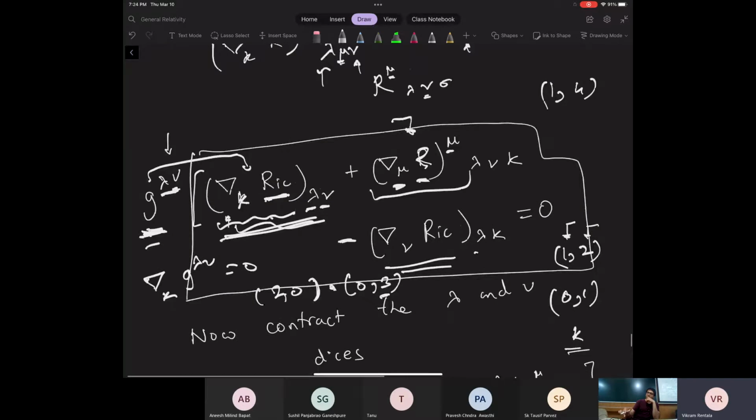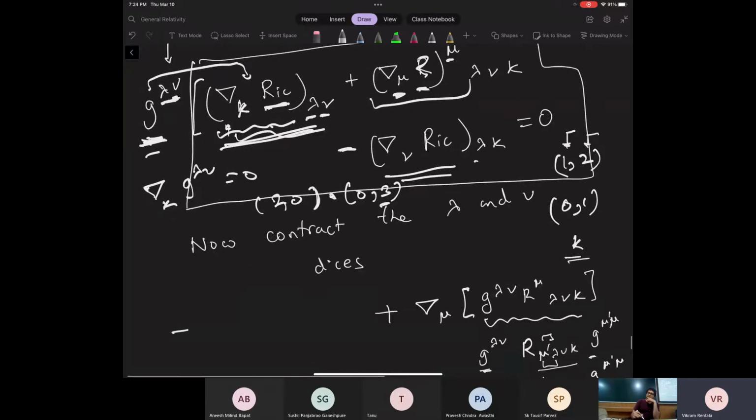So what I'm going to get is this term. The second term is minus del mu of the Ricci tensor, and the indices of whatever I get after the action are some nu and kappa, and this nu I set equal to mu because I'm contracting it with this mu over here. So this is what we get at the end for this term.